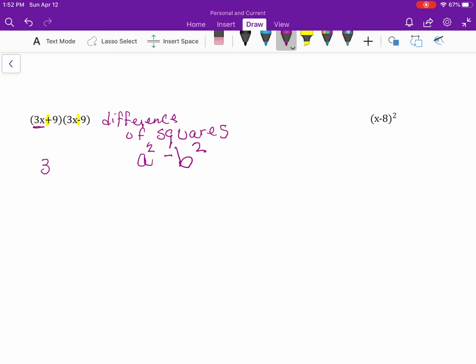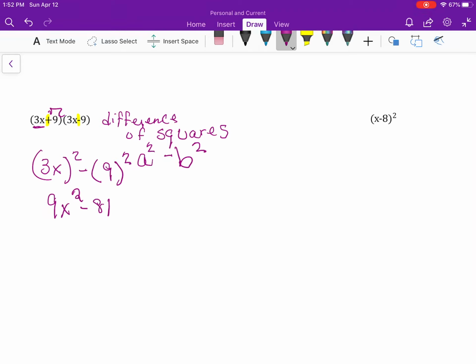In this case, a is 3x and b is 9. 3 squared would be 9, x squared would be x squared, minus 81.